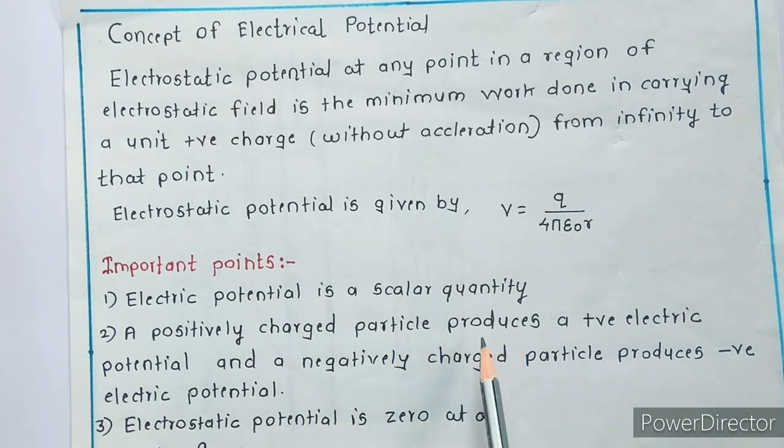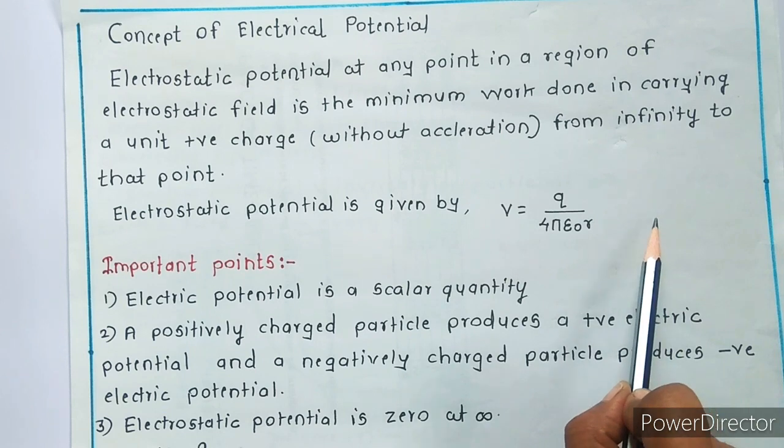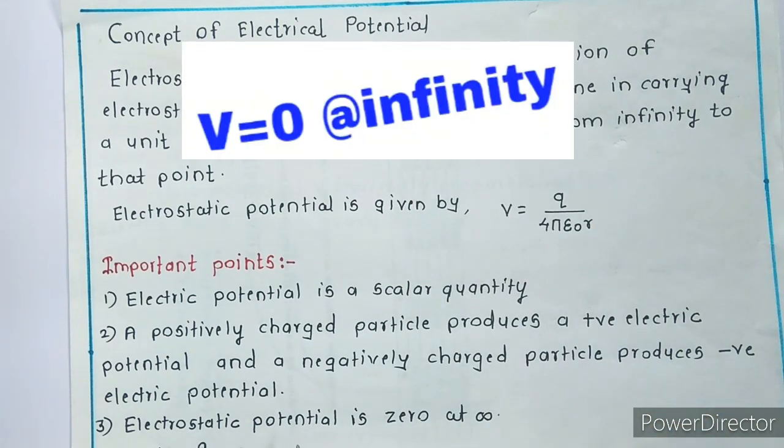In the previous derivation, we considered a positive charge plus Q and found the electric potential for it. If I consider the negative charge, minus Q, then the potential will be minus Q upon 4 pi epsilon 0 r. Electrostatic potential is 0 at infinity.